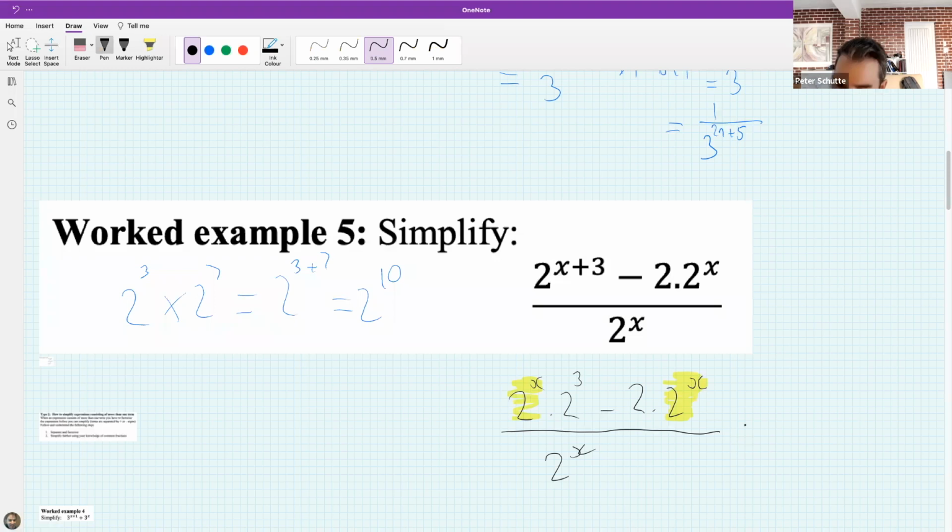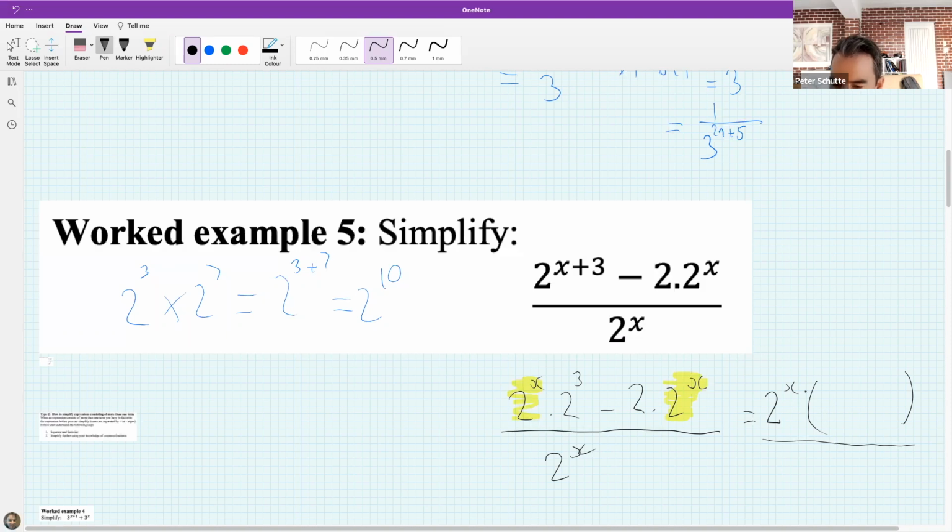Now, the problem is we're not done. When you factorize something, you take out the highest common factor, and then you write what you need to, so that if you had to multiply it out, you get back to what you started with. So what is left behind when you took out the 2 to the x? What's left behind is the 2 to the 3. And what is left behind when you take out the 2 to the x over here?